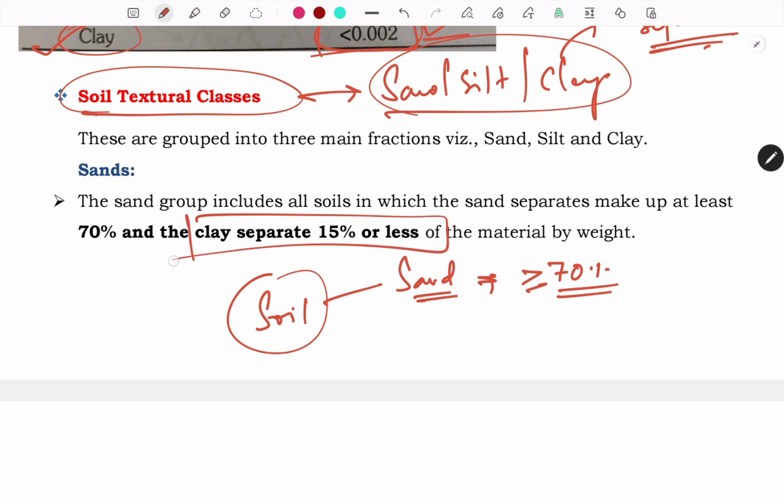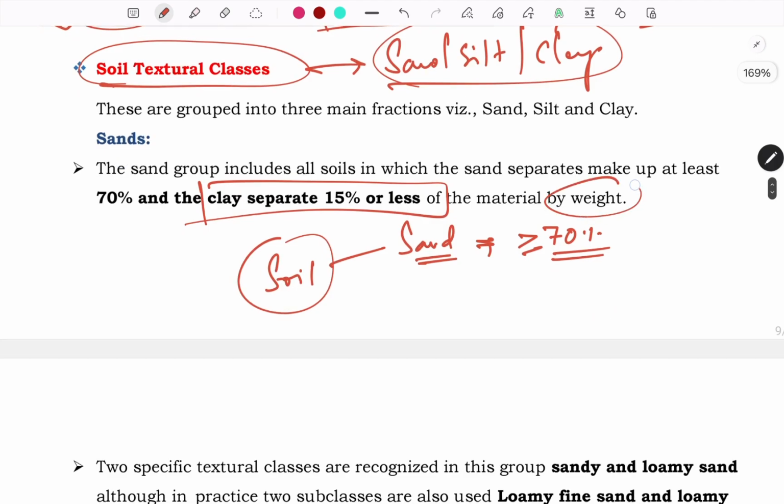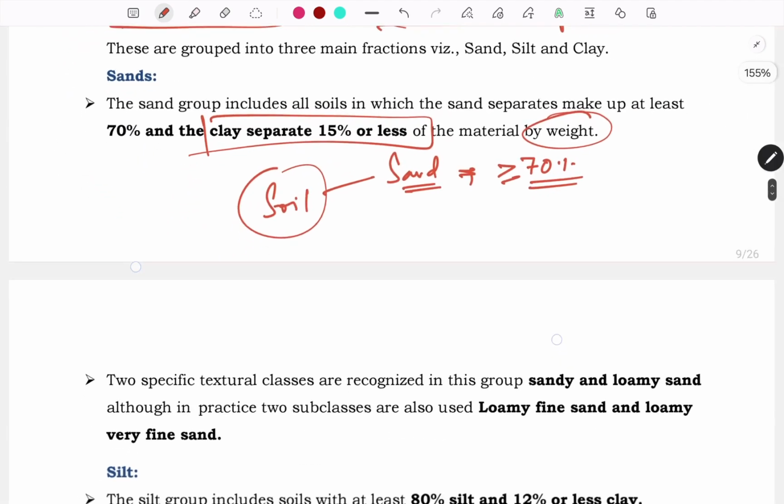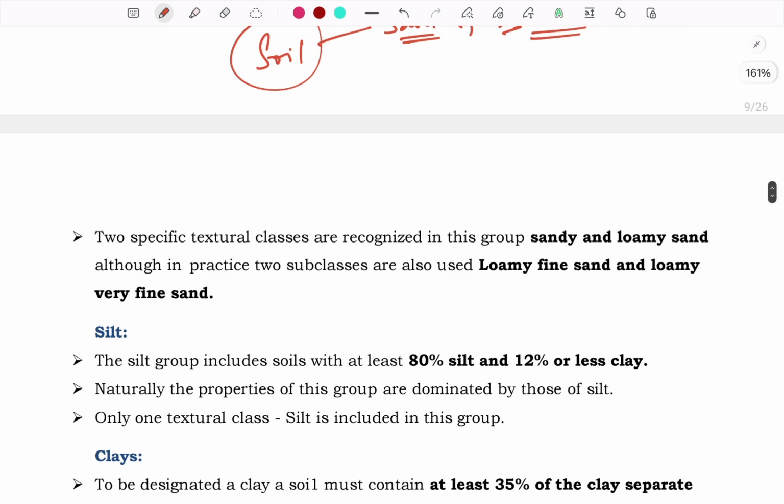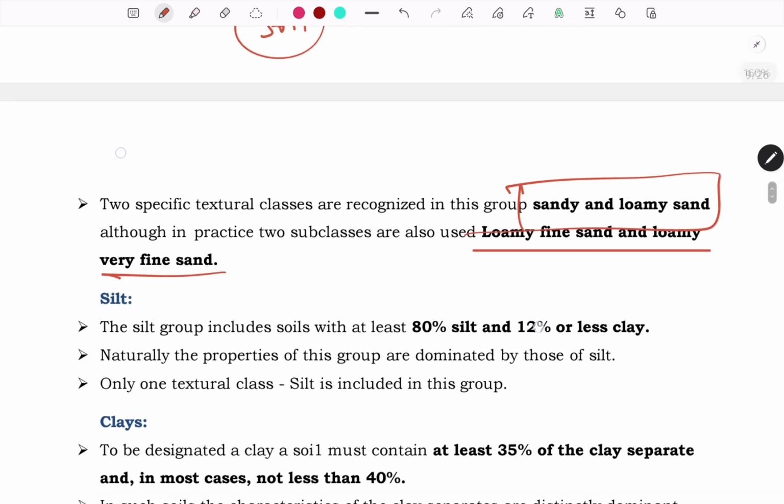And the clay separate is 15% or less by weight. Again, we can differentiate this sandy soil into two groups, that is sandy and loamy sand. Again, these soils are differentiated into loamy fine sand or loamy very fine sand.